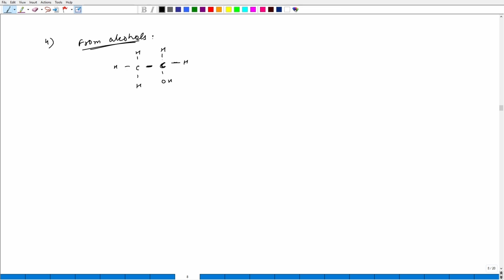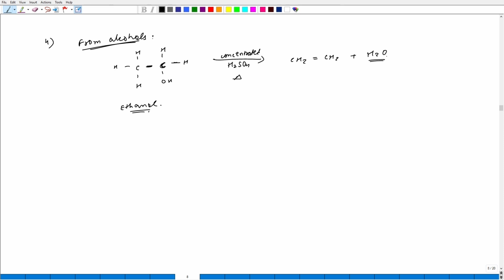So, this is a 2 carbon compound, so it is known as ethanol. Okay. What do the alcohols do? By heating alcohols in the presence of concentrated H2SO4, it gives us the alkene and the water molecule.